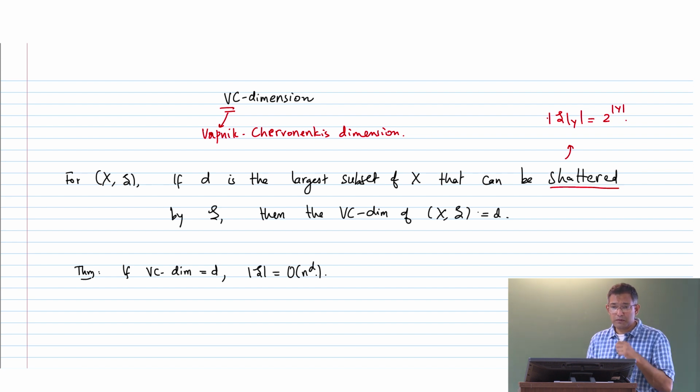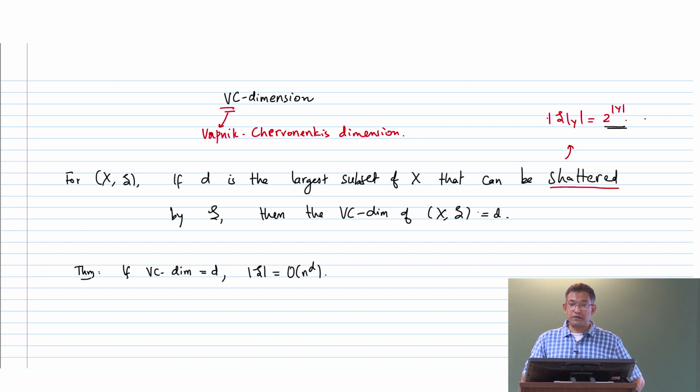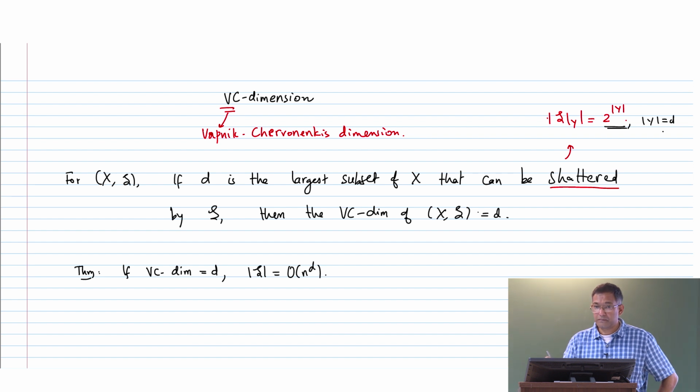2 raised to Y. This is the largest set that can be shattered, the largest subset of points for which you can create all possible subsets by intersecting with the subsets. The size of Y is agnostic.